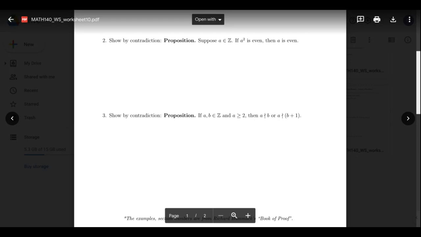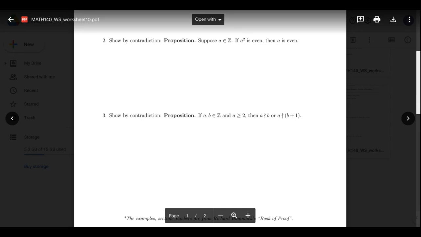Jaya, you see, the question is, suppose a is an integer. If a square is even, so a square is even is P, then a is even. So P implies Q. Let me write it in the chat. So this is P implies Q form, right? We want to prove by contradiction.